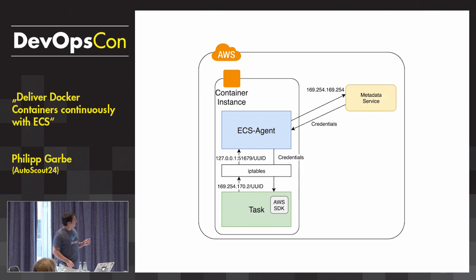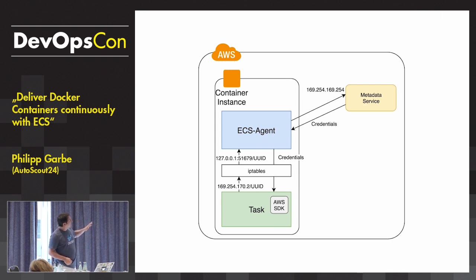Whenever the ECS agent starts a task, it gets a UUID as an environment variable automatically. The AWS SDK checks if that environment variable exists, and if yes, it asks another IP address for the credentials. It does not ask the metadata service anymore, but this IP address.